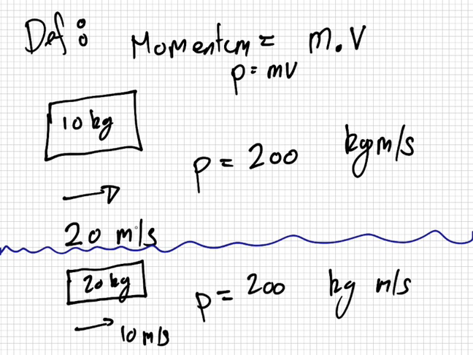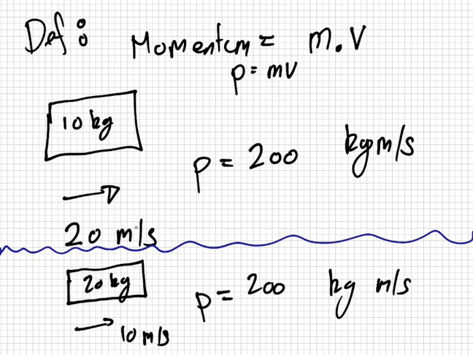If you think about it, a little bullet, its mass is small, yes? But its velocity is huge. So its momentum, huge. So a bullet is difficult to stop. But if I say this here, mass small, velocity small, so it's easy to stop. So momentum really is an indication of how difficult it is to stop something.